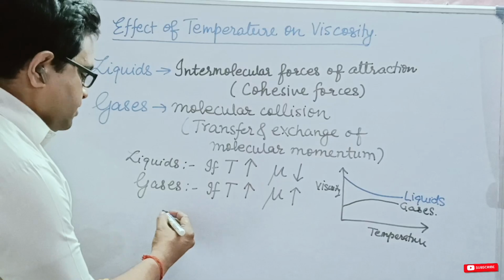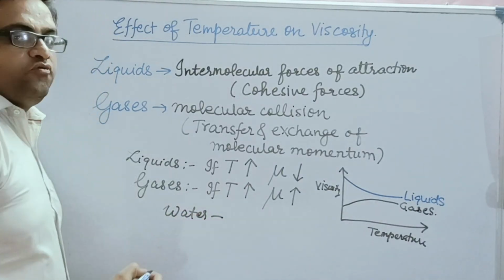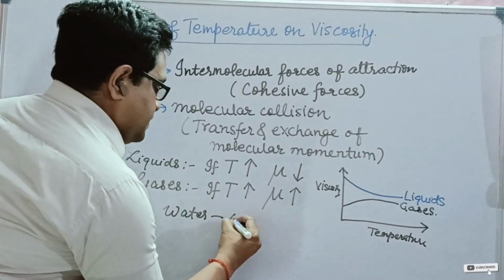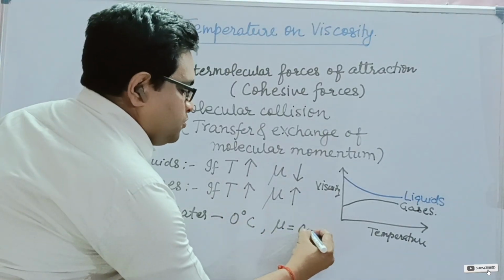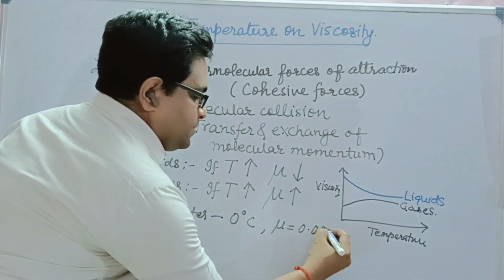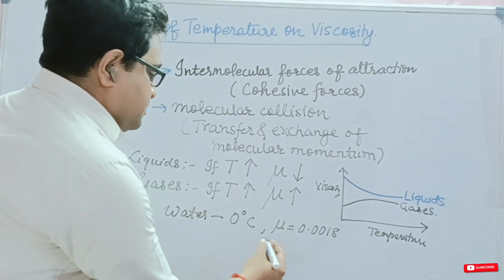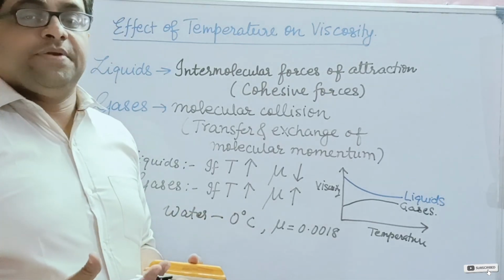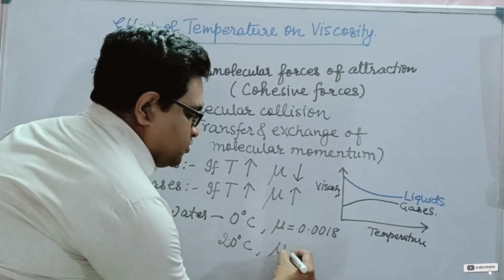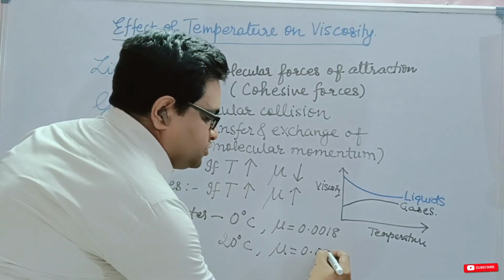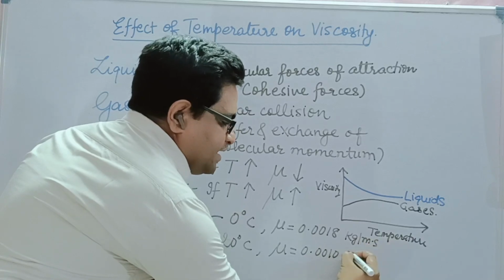For example, in case of water, if we take the viscosity of water at 0 degrees Celsius, the viscosity is equal to 0.0018 kg per meter second. And again, if you increase the temperature to 20 degrees Celsius, the viscosity value is 0.0010 kg per meter second.